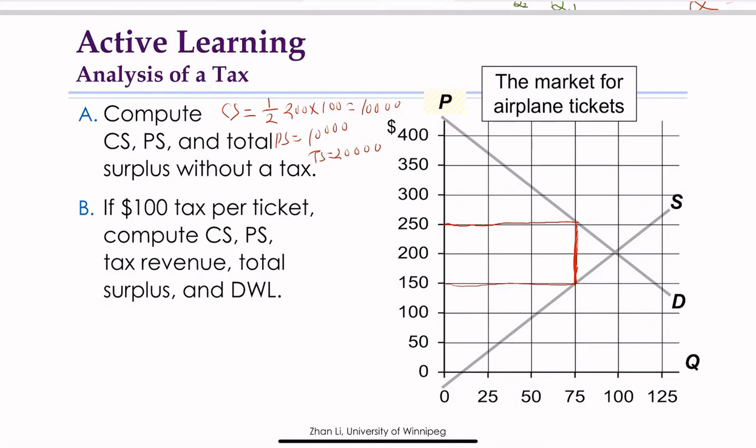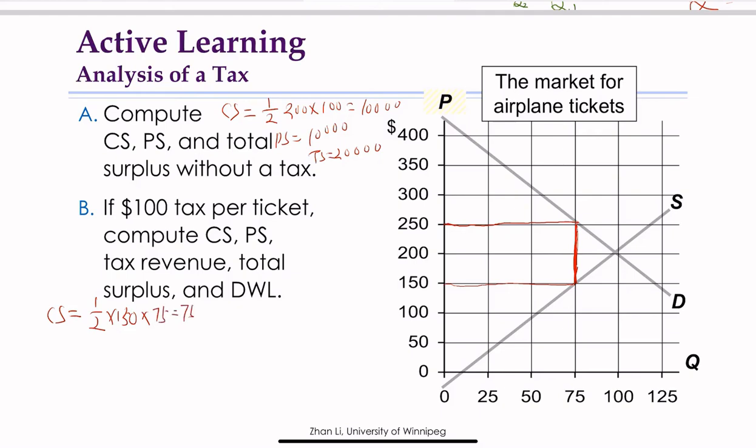So now let's calculate consumer surplus. Consumer surplus is given by 1/2 times the height, which is 400 minus 250, so it's 150. And the width is given by the quantity, which is 75.